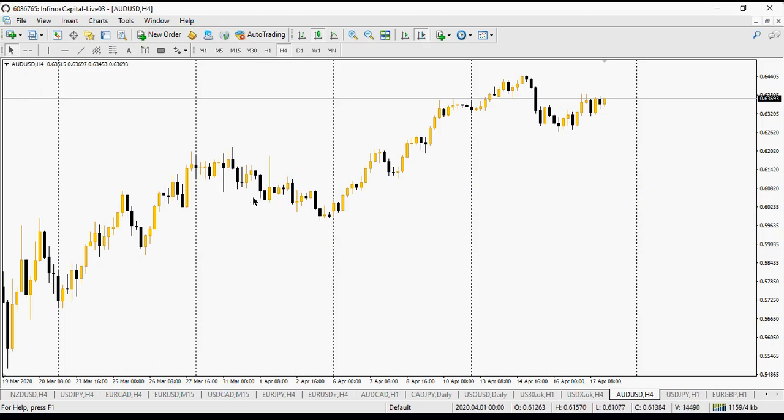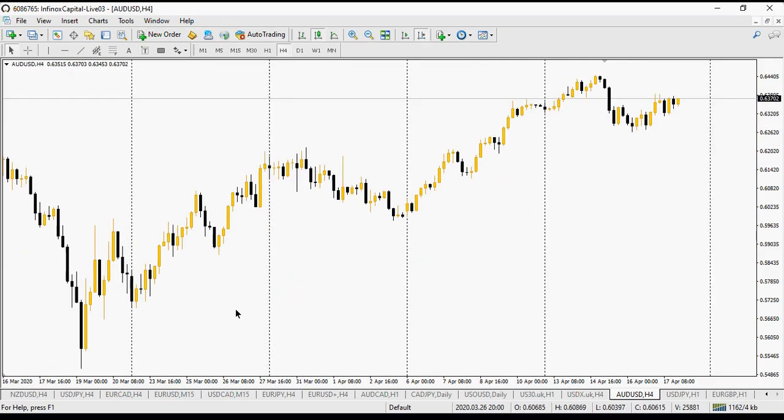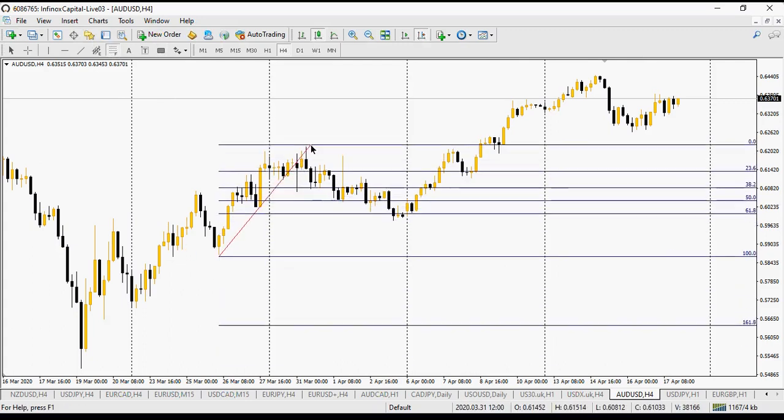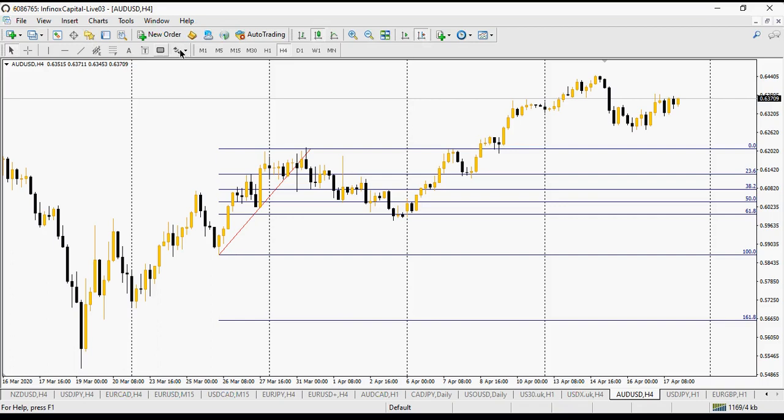Now, personally, there is an area I call the golden zone. You can also use that. You can write it down. The golden zone is the area of the Fibonacci between the 50 and the 61.8. For example, if I pull my fib here, I'm always looking for a major pullback into the golden zone.